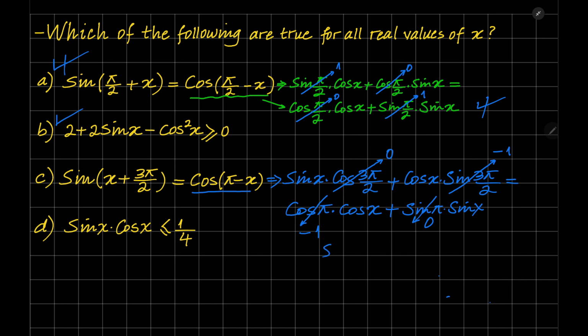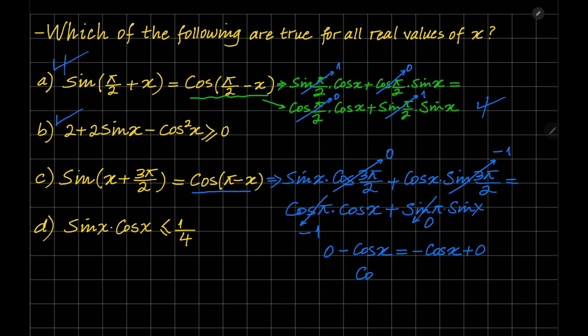That means sine x times 0 minus cosine x is equal to minus cosine x plus 0.